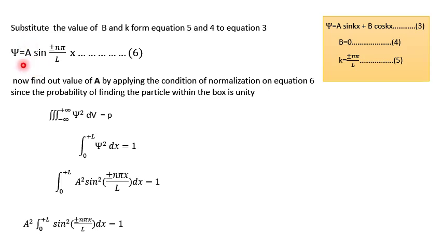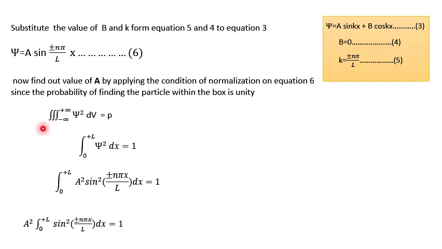The boundary conditions are done, but we know that the particle is present inside the box, so the probability of finding the particle inside the box is unity. If a function gives the probability of finding a particle inside the box as 1, then the function associated with that particle is a normalized function, and this condition is known as the condition of normalization.